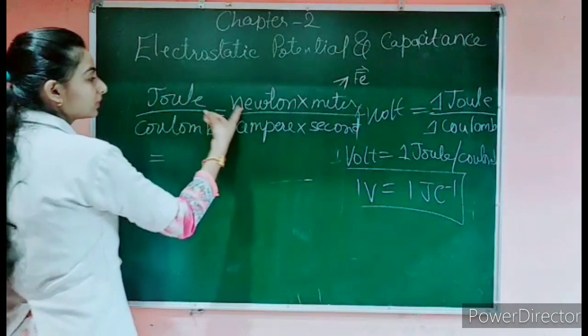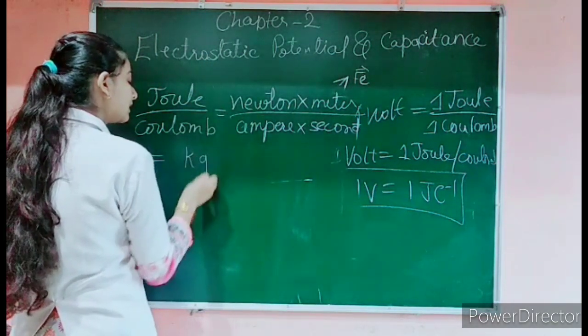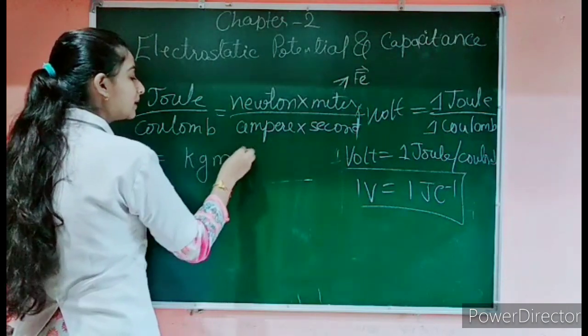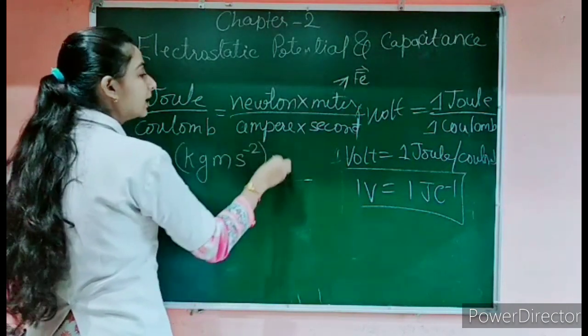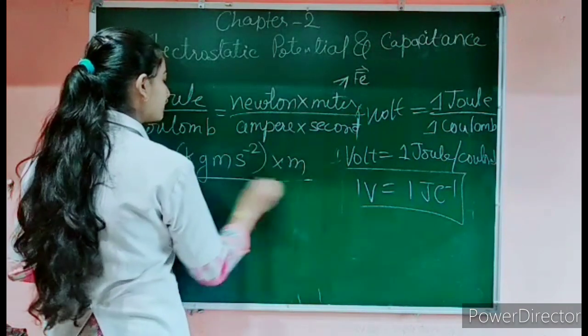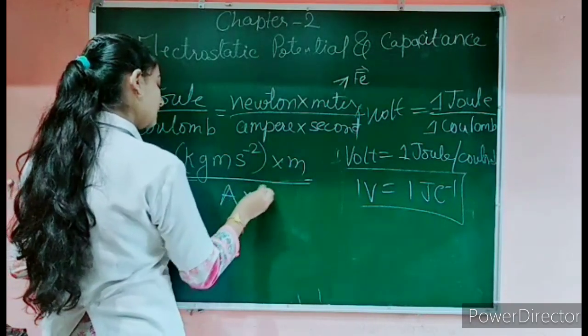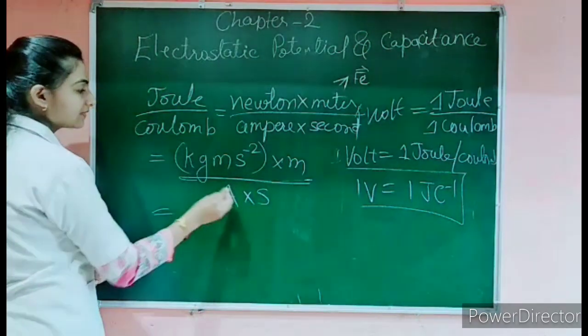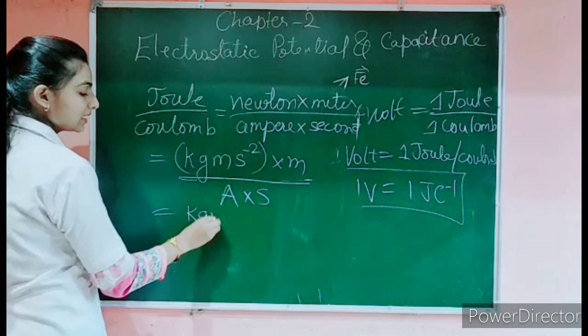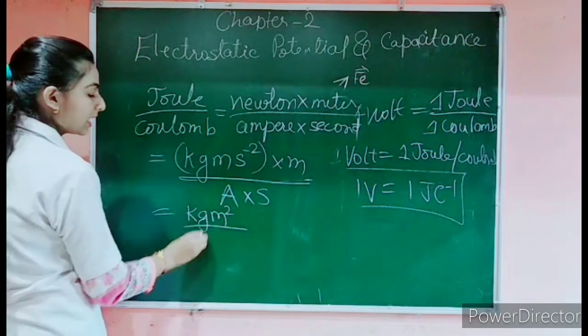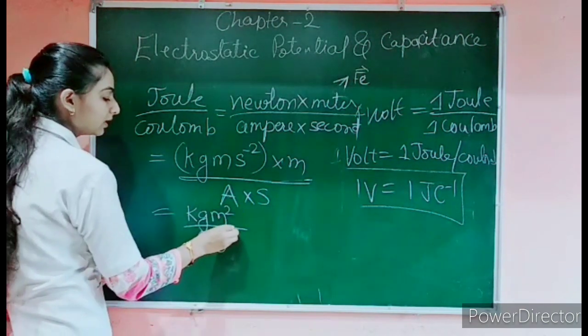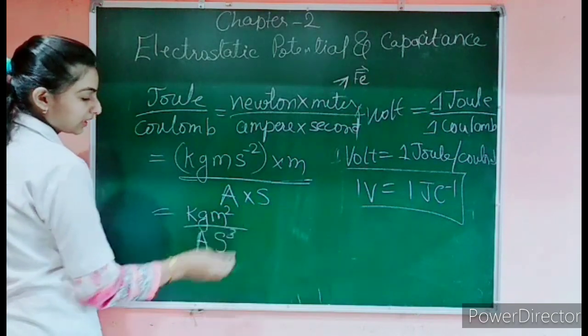Newton we can write as kg meter per second square, and meter is m, ampere is A, and second is s. With this we can write kg meter square upon ampere second cube.